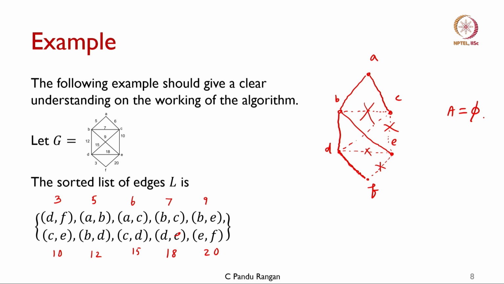The key question is, the set of edges that you have considered, does it form a tree? The set of edges, do they construct a minimum spanning tree? These are the two questions that we have to answer. So let us look at the final output.